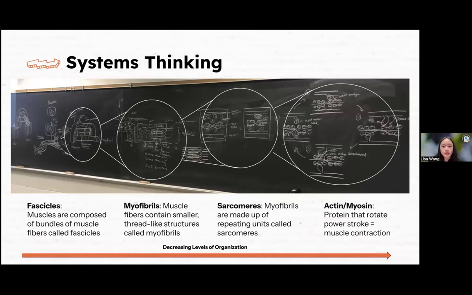So when they see something like this, it's much easier for them to say, okay, if something goes wrong at the protein level, the actin and myosin level, but that system is a part of this, which is a part of this, then this is going to impact overall the way your muscle contracts, the way you function. So it's really useful for students to think of it in that way.